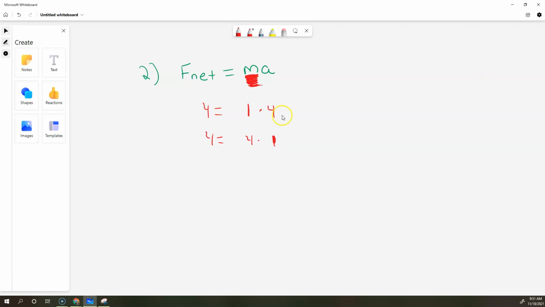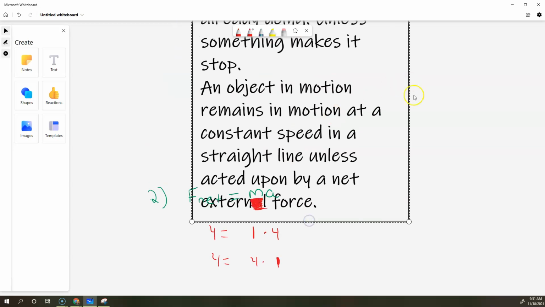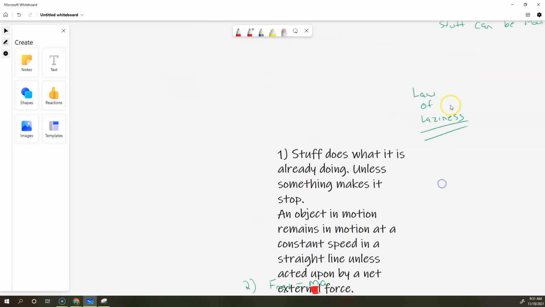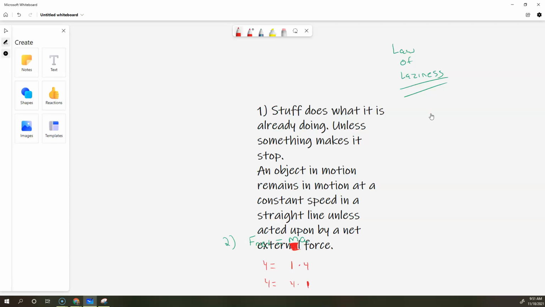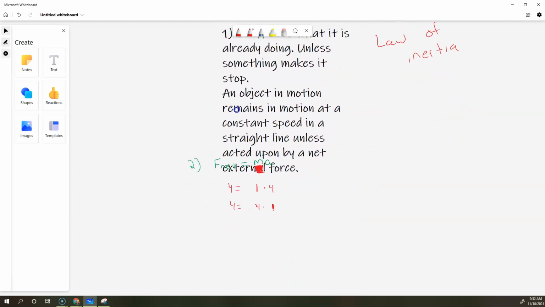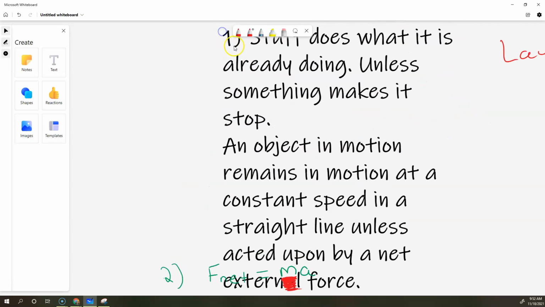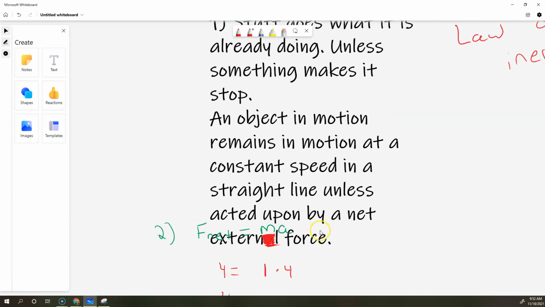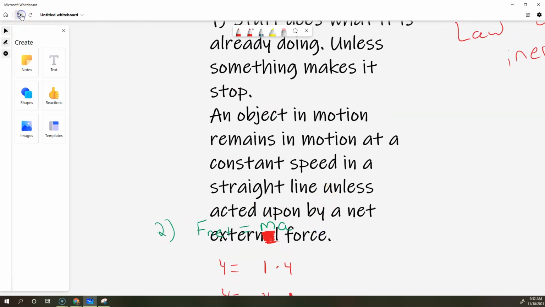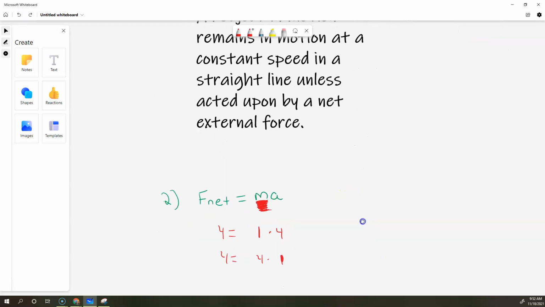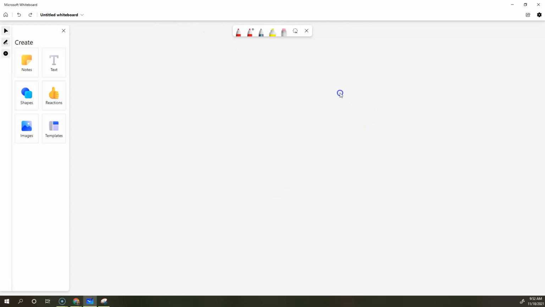Oh, let's go back to the first law, because the first law is sometimes called the law of inertia. And this confuses students. Students often get inertia and momentum mixed up. Students sometimes get inertia and momentum mixed up.